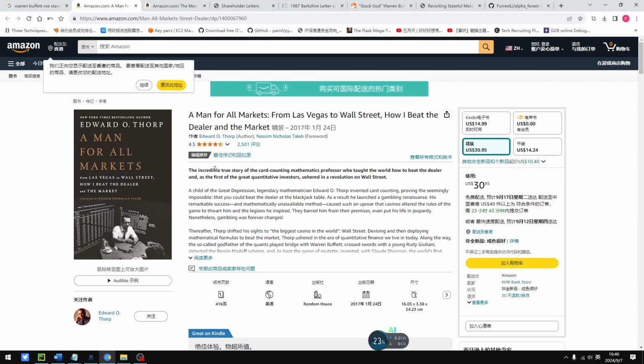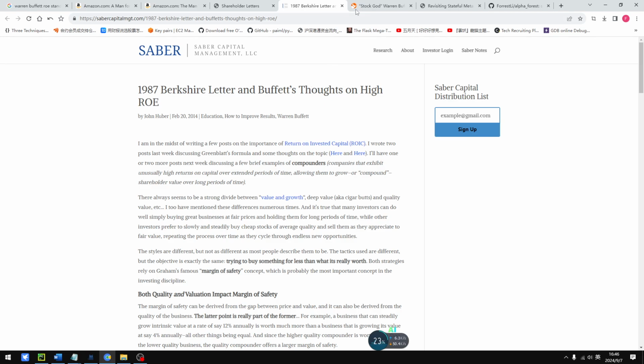So right now, let's jump right into the main meat. Warren Buffett's ideas on how to select a good quality company. We can take some of his ideas from his Berkshire company letters to his shareholders. I also recommend you read those letters. Pretty insightful and useful.